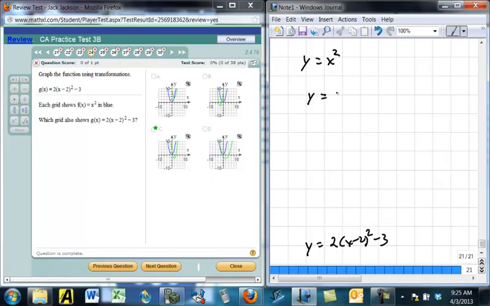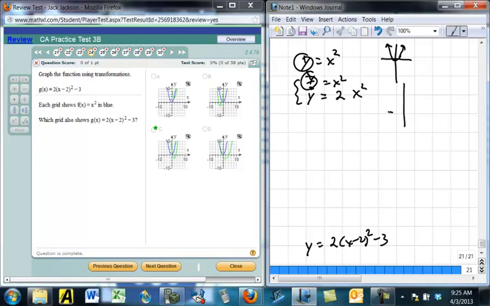So y equals 2x squared, or in other words, y over 2 equals x squared. These are the same, but we changed y. So we know y equals x squared basically looks like this. So the next thing we can do is multiply the y's by 2.